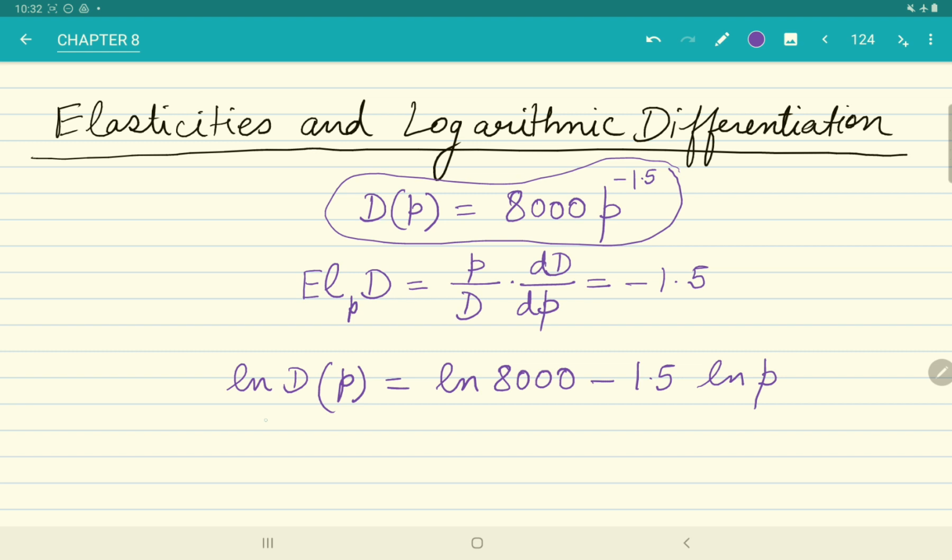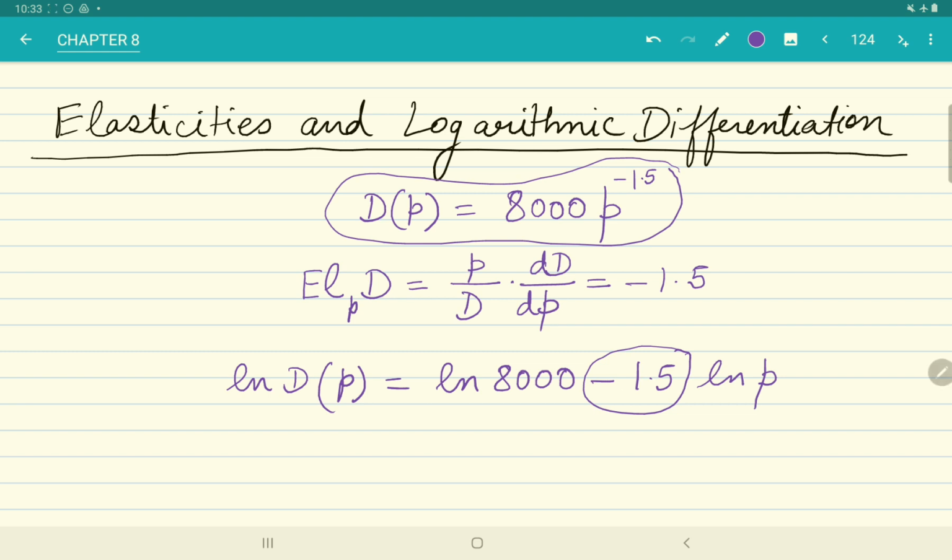This is a log linear relationship between ln D(p) and ln p, and this -1.5 is the constant slope of this relationship.